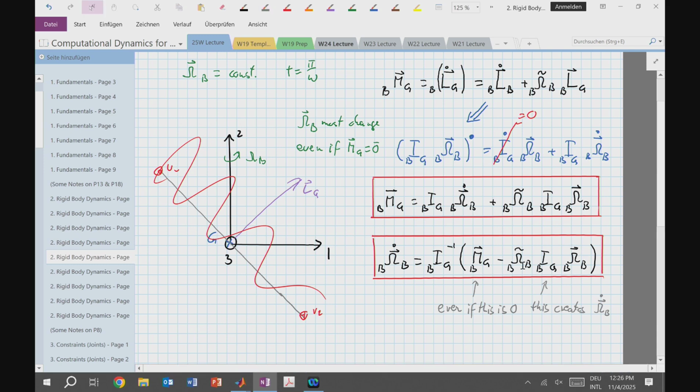The term back here is called the precession moment. If you compute it, you see it: I have a torque here, and whatever I subtract from this also has to have units of torque. So this is a virtual torque. This is called the precession moment.